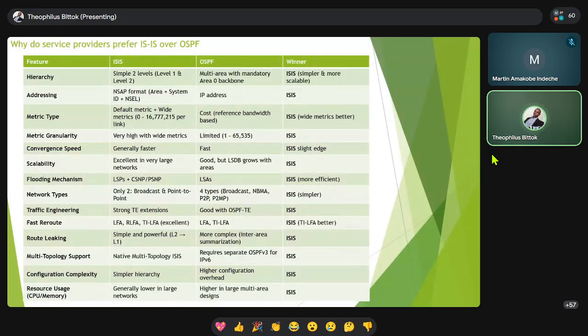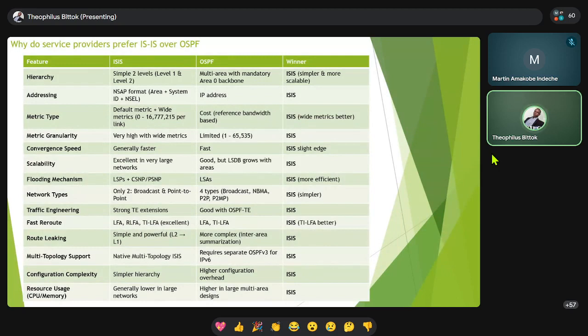And then on the flooding mechanism, ISIS will always have the LSPs. The LSPs are going to have the metric, the prefixes, and the neighbors connected. That's basically what you're going to have on the LSPs. For OSPF, it uses LSAs, and we said they have many LSAs. So ISIS is a bit simpler because the LSP is just either level 1 or level 2.